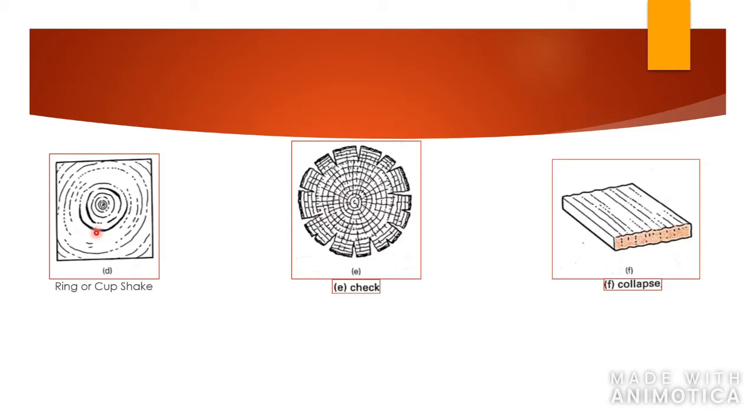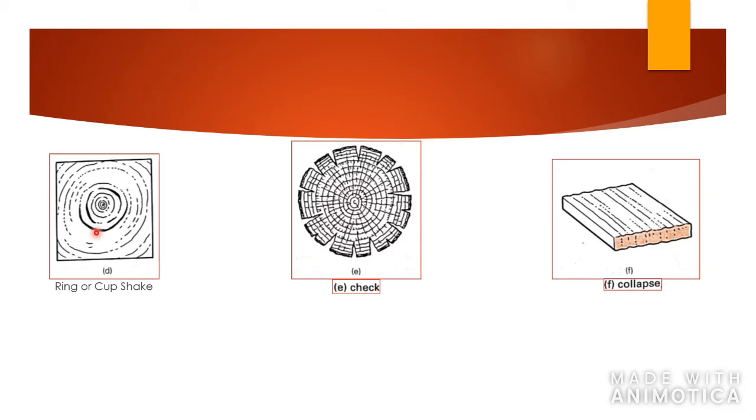Then you have checking, where the outside of the wood is splitting apart. And then you have collapse, where the flat piece of wood has indents on the grain itself. So you have various different types of defects in timber.